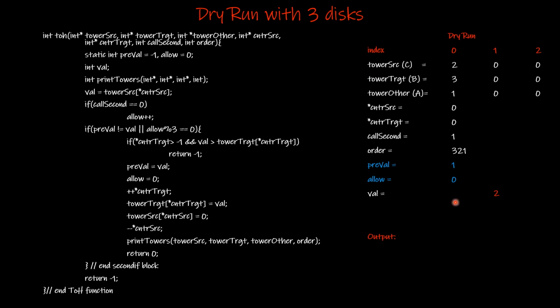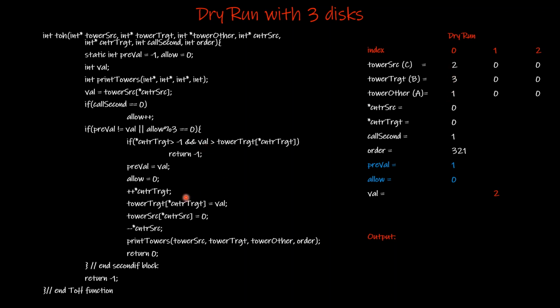Yes, that is the case, so this condition is true, and therefore we are allowed to enter the if block. Come here, is counter target greater than -1? It is greater than -1, and then we check whether the value at the location below, is it lesser than the current val value, or the current val value is greater than this particular value.